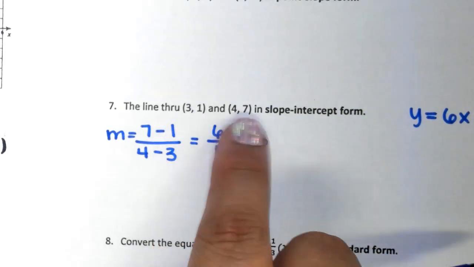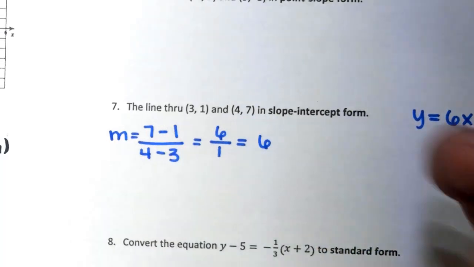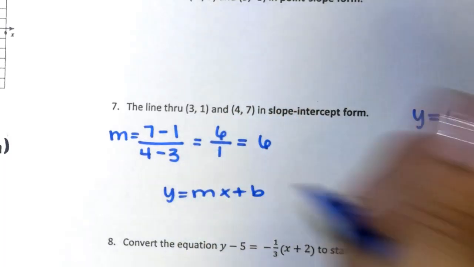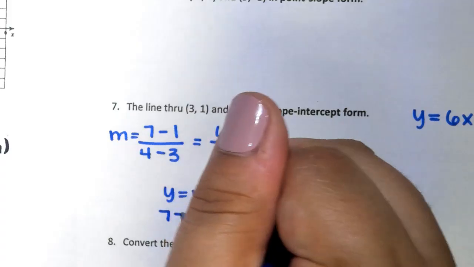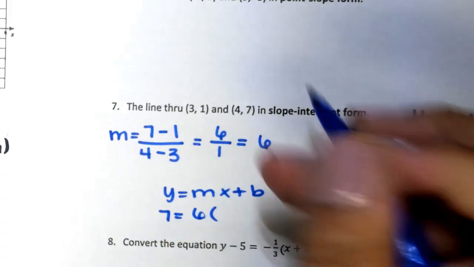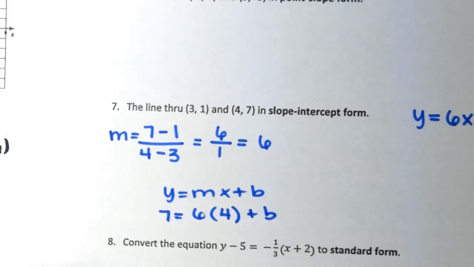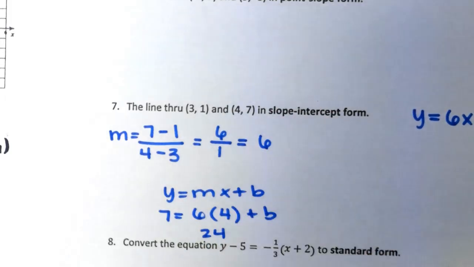Exactly. I have this formula, or I have these points right here. I can do y equals mx plus b. So I'm going to do what Alex said, and I'm going to pick the second one. My y is 7, my m is 6. My x is 4. How do I find b? What's 6 times 4? 24. How do I get to 7?